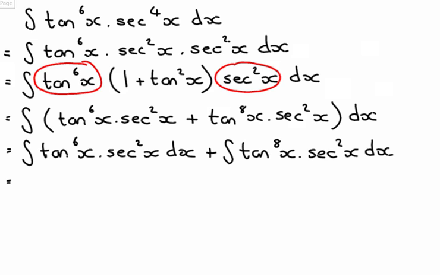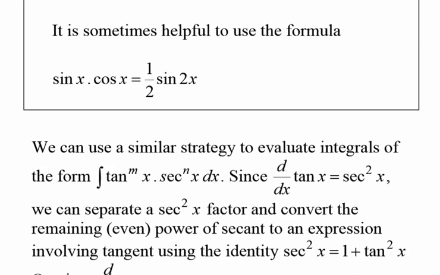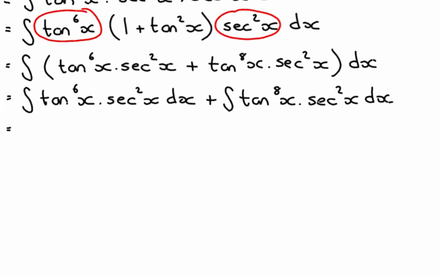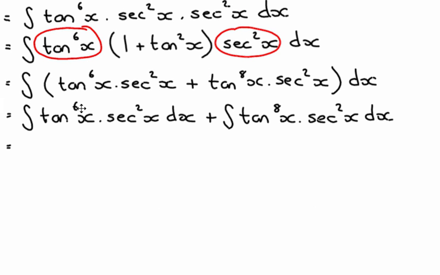Let's go back and just have a look here. Remember, the derivative of tan x is sec squared x. So to use inspection, we need to see a composite function, where the inner function is tan x, and we need to see its derivative, which we do see. So the power rule says all I have to do is add 1 to this and divide by that number.